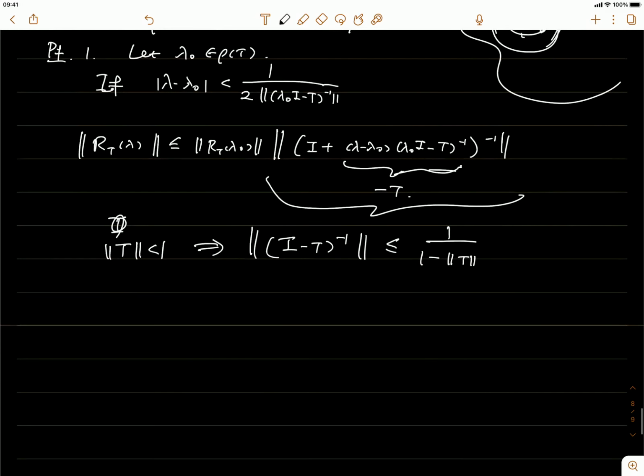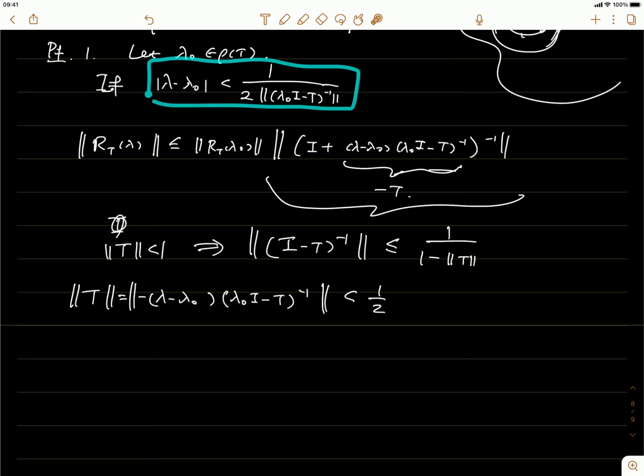Okay, now how can we guarantee that? Because I asked for lambda to be so close to lambda naught such that this holds, I can see that lambda minus lambda naught times the resolvent at lambda naught, which is this term, or the negative t, so this t will be equal to the negative of this, is less than 1/2, as I require lambda to be very close to lambda naught. It's less than or equal to the absolute value of lambda minus lambda naught times the norm of the resolvent.